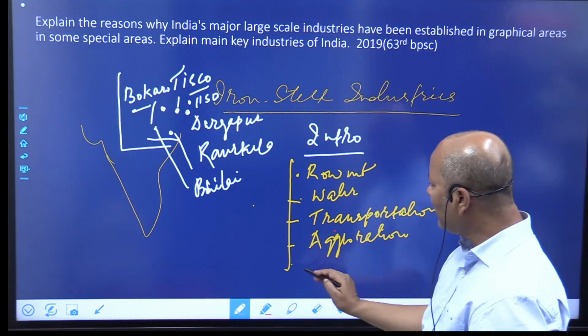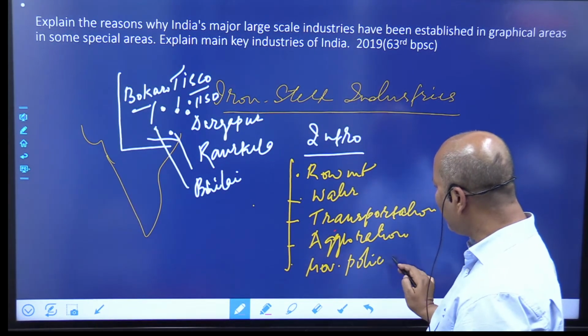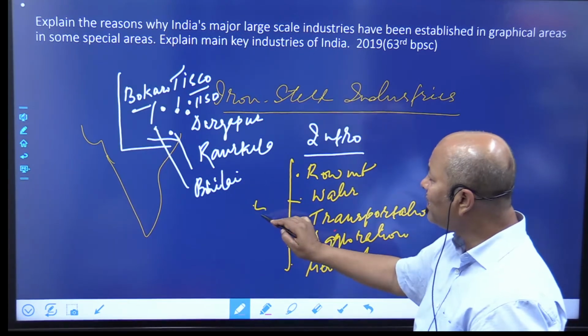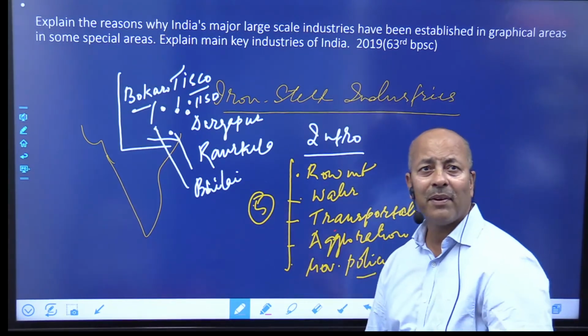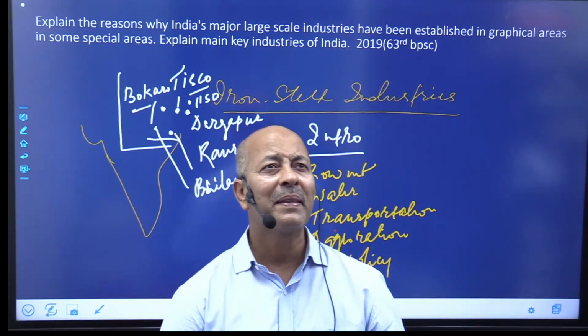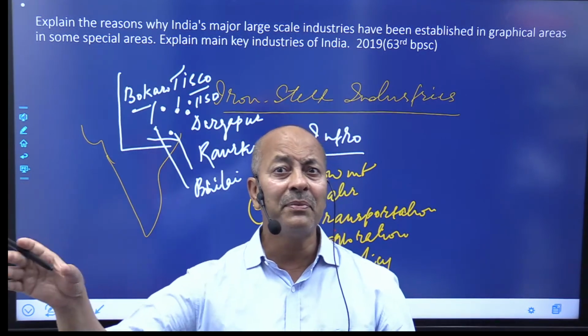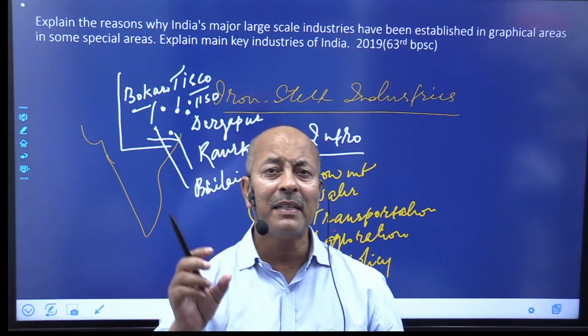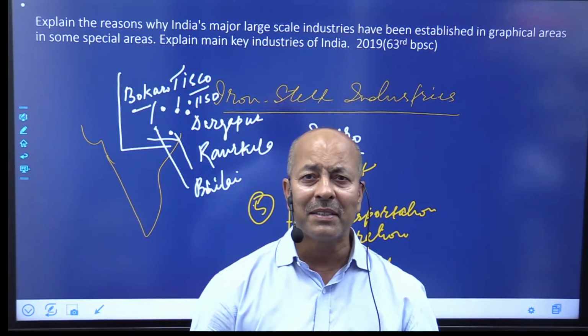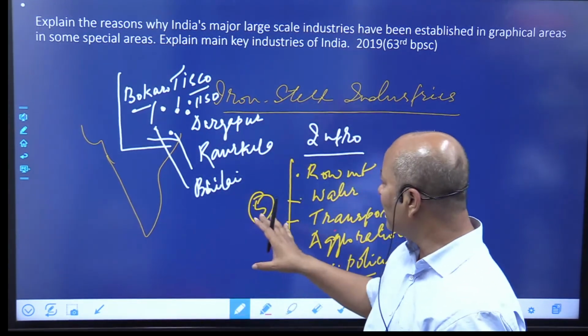And the last factor is government policy. So see, I have taken only 5 points for the location of iron and steel industry in India. Not more than 5 points, because we have to cover 3 different industrial areas: the chemical industry, agro-based industries, and also the industry related to minerals.